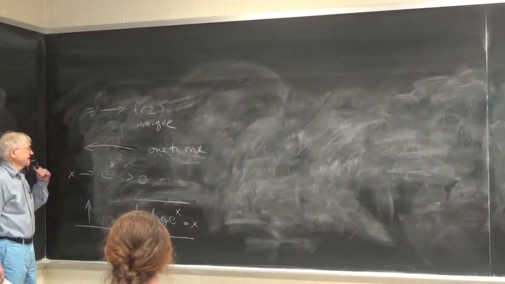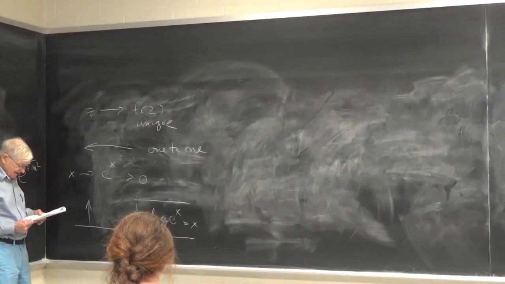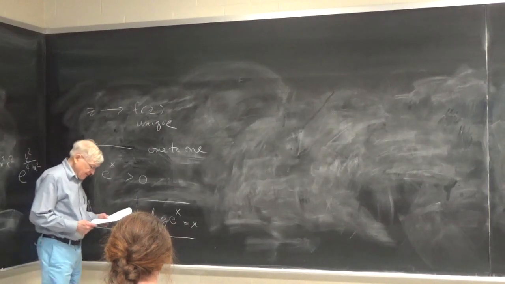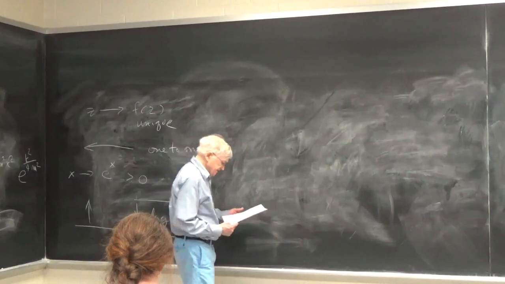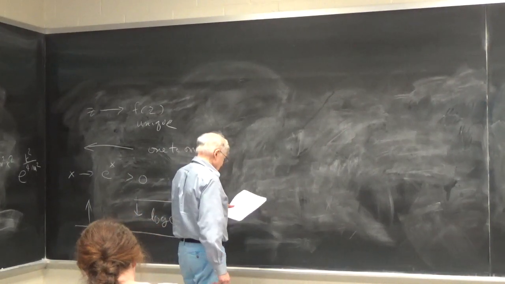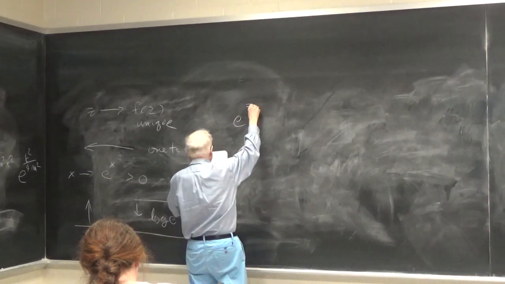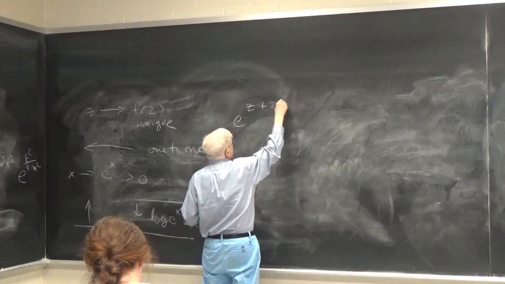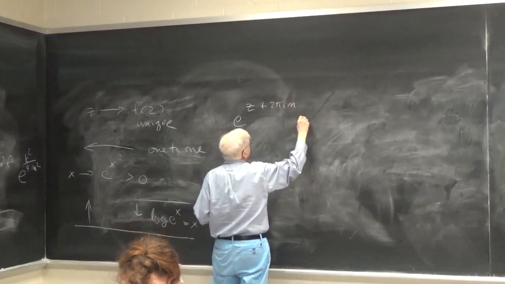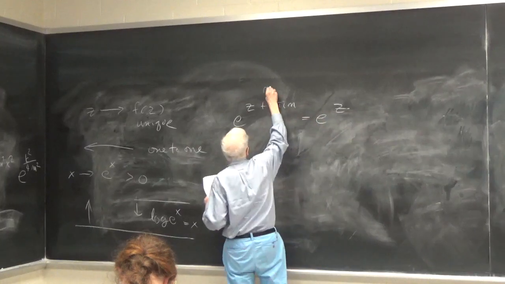But, of course, in the complex plane, it's no longer the case. And the root of all of this is, I guess, that you see e to the z plus 2 pi i n is equal to e to the z for n in integers.